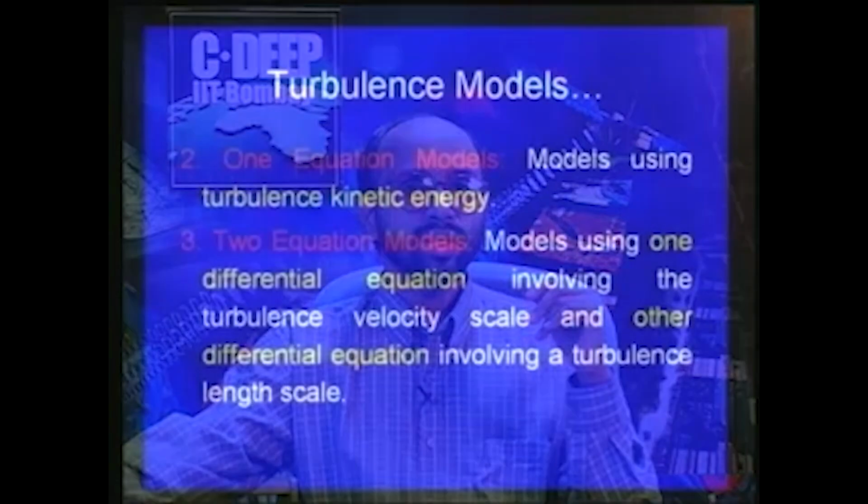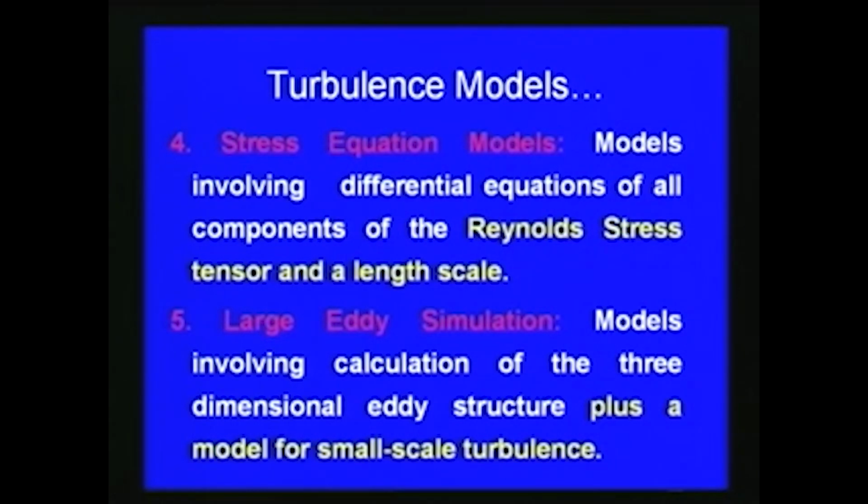So, in literature we can see 5 kinds of models. First one is the zero equation model, second is the one equation model, third is the two equation model, fourth is the stress equation model, and fifth is the large eddy simulation model.